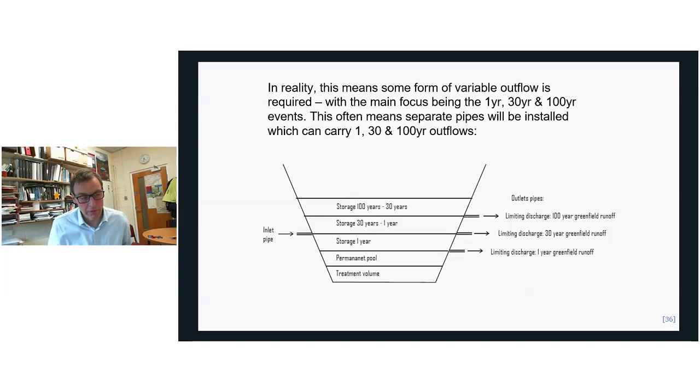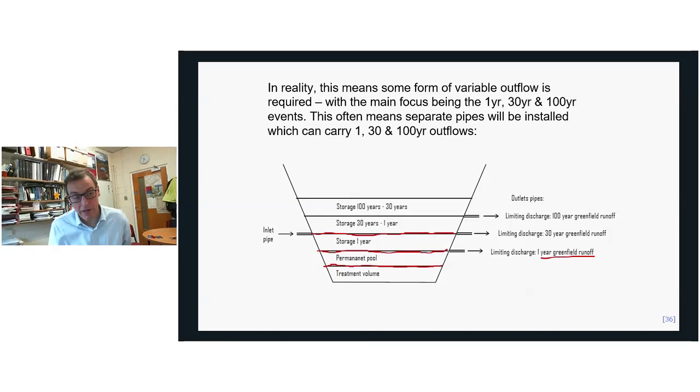So we've got a pond, it has a treatment volume in it, and that treatment volume should be equal or less than the permanent pool volume. And we've also got, after a 1 year event, it might fill up to that level, but we don't expect our outlet to pass anything forward more than the 1 year greenfield runoff rate.